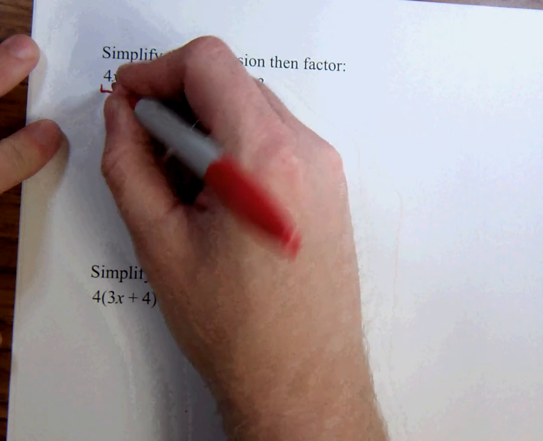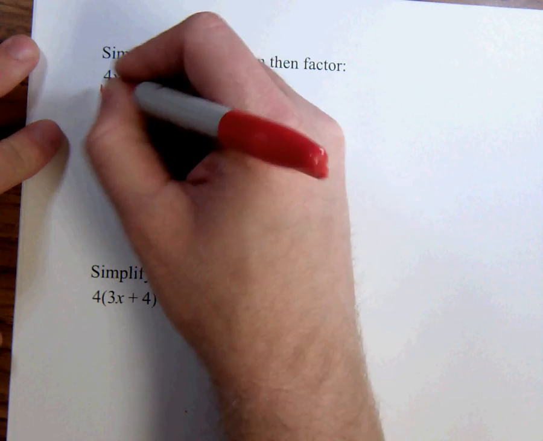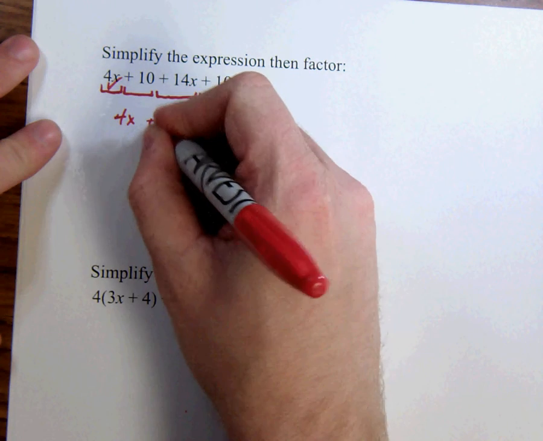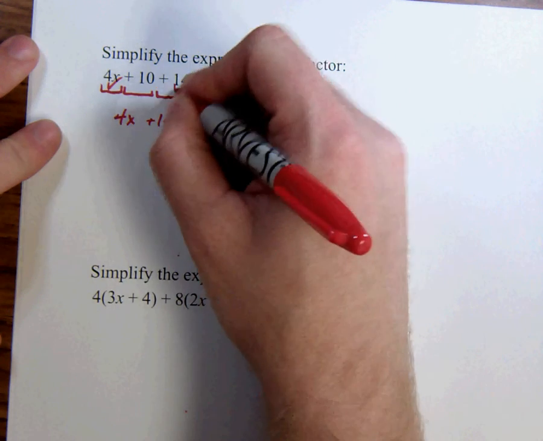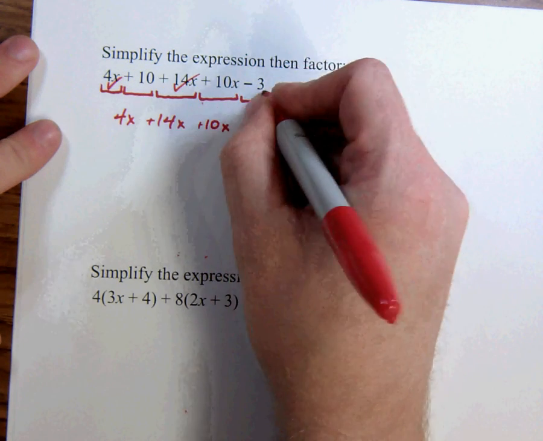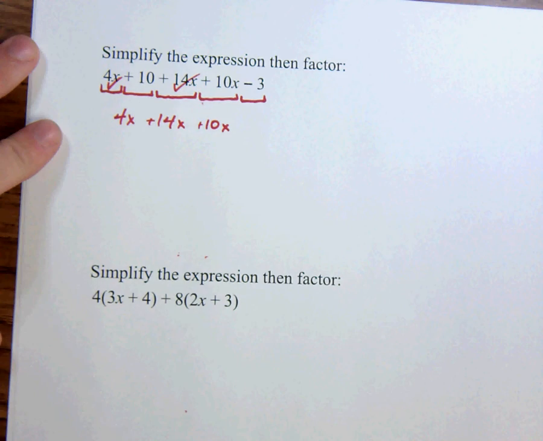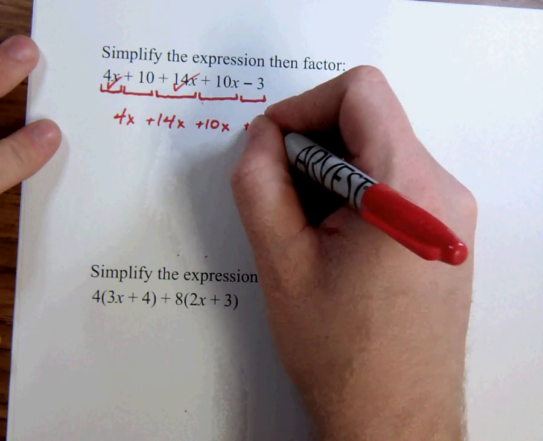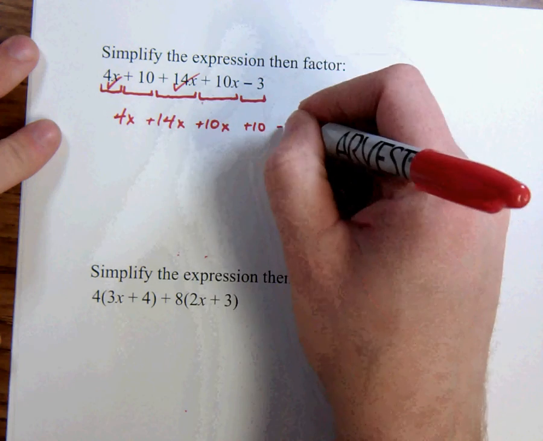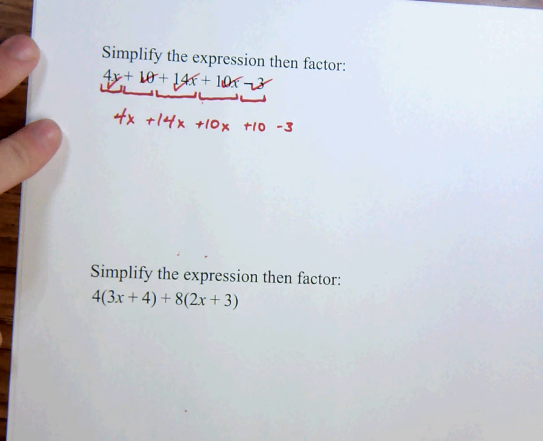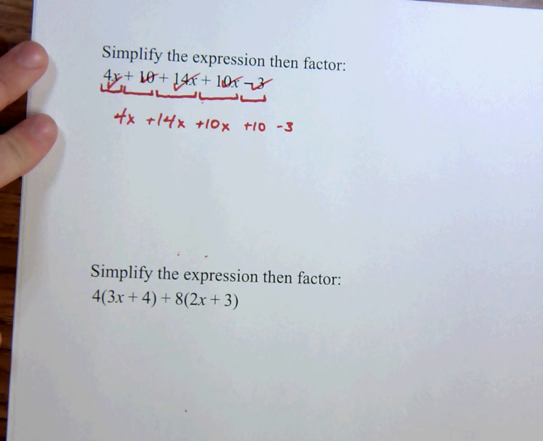So I have a 4x. This does not have a variable. I have a 14x. And I have a 10x. That does not have a variable, and they're all positive. I have a positive 10, and I have a negative 3. So I've rewritten all of my terms, and I've done them in an order that I prefer.